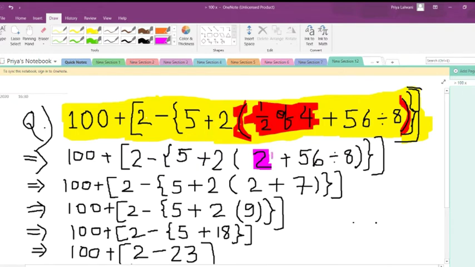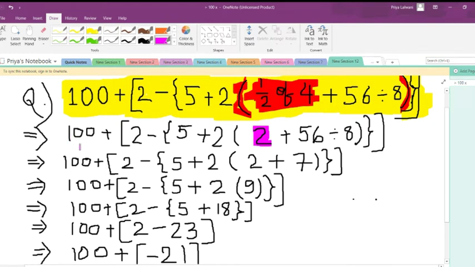Then we come to the next step. Here, in the BODMAS rule, this small bracket we are solving first, and according to BODMAS rule, we have solved B, O, then D. D means division. So we need to divide this first.